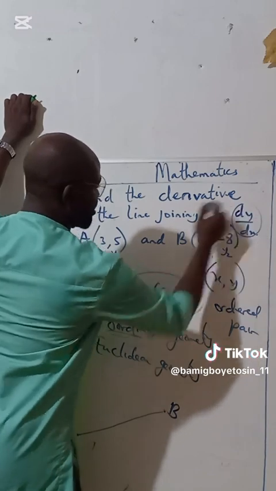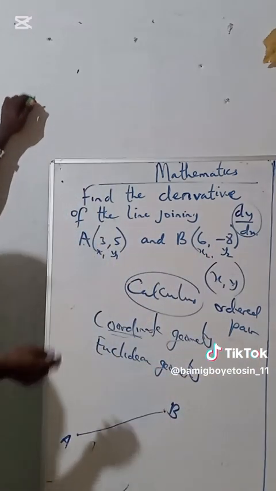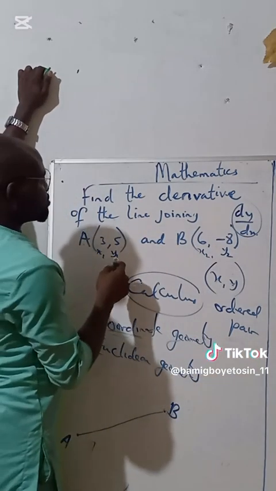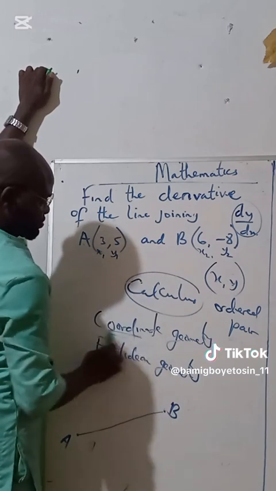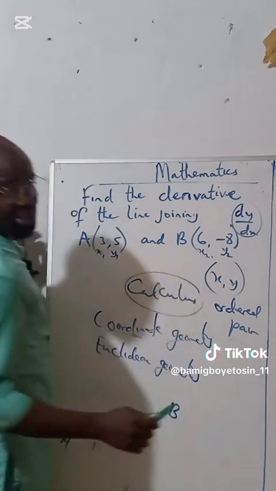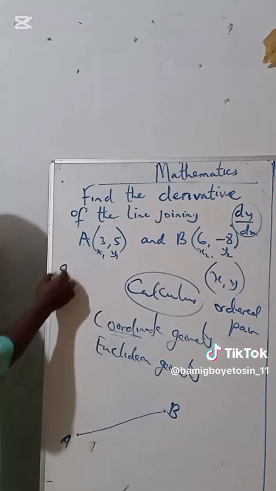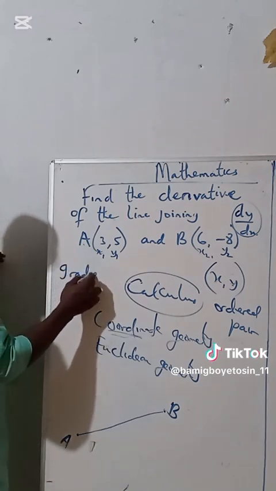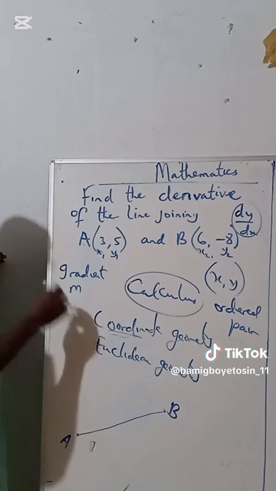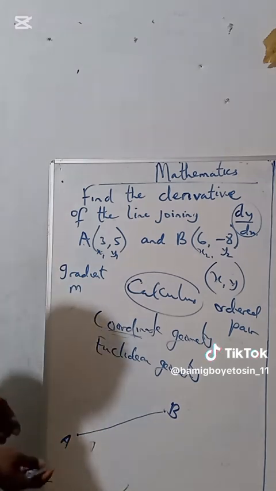That's your derivative. So from this coordinate geometry and Euclidean geometry, there's this topic called gradients. Gradient M, or slope.